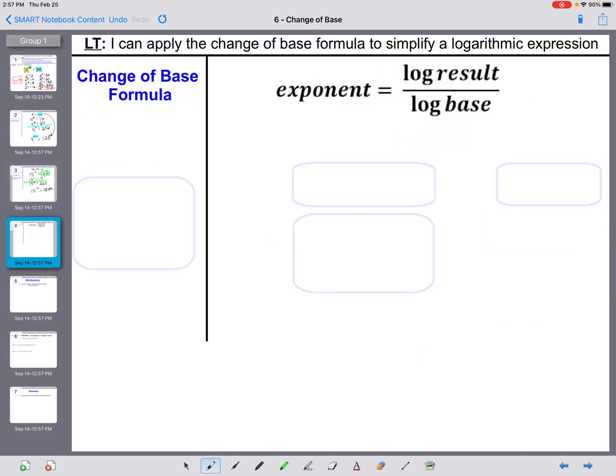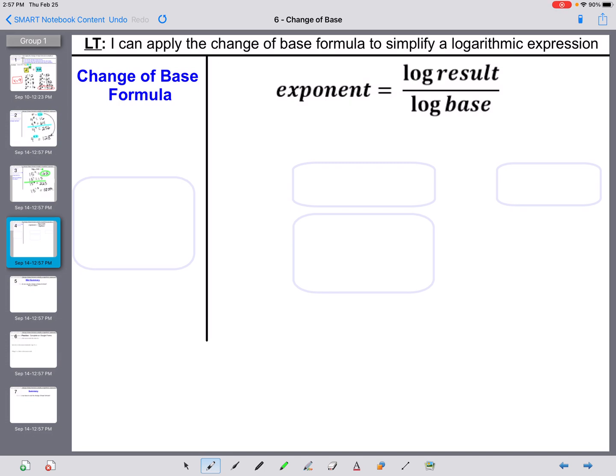And if you're wondering why it's called change of base formula, it is because we have a base that we cannot find the exponent for that will come out exactly the same as our result. So instead, we put it into a different base, which is something our calculator can understand.